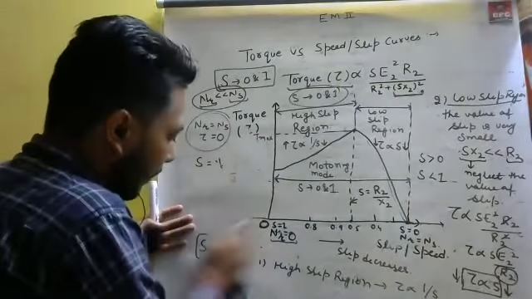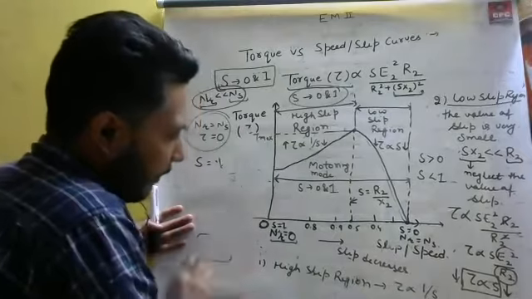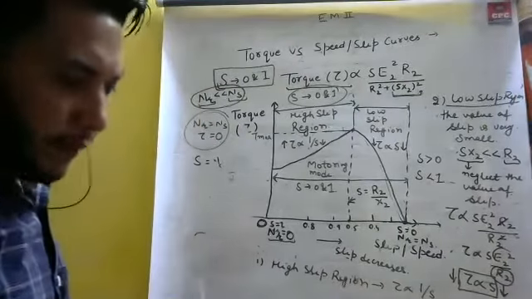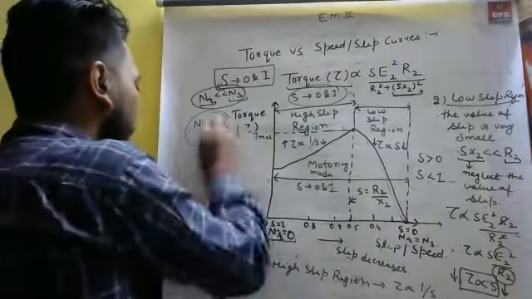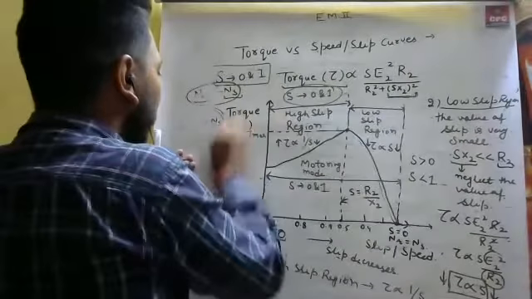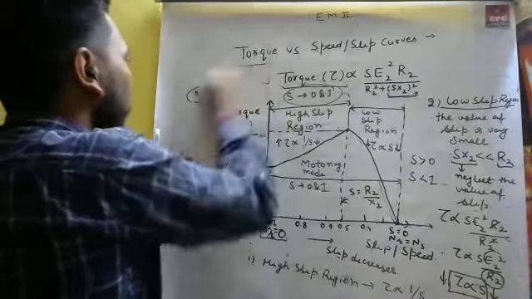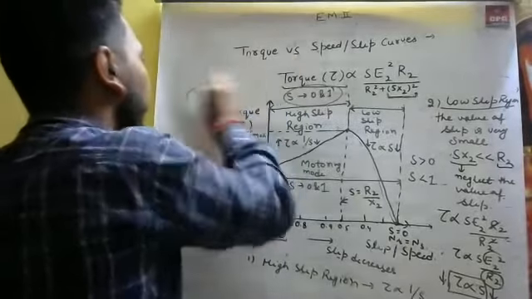If the value of slip is greater than 1, then it is known as braking mode.